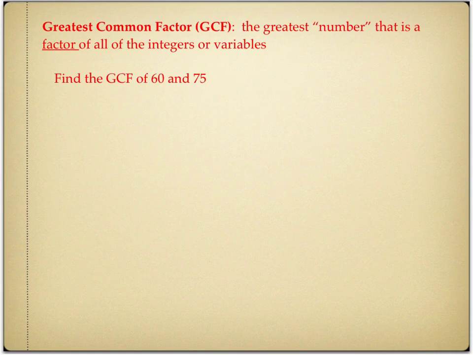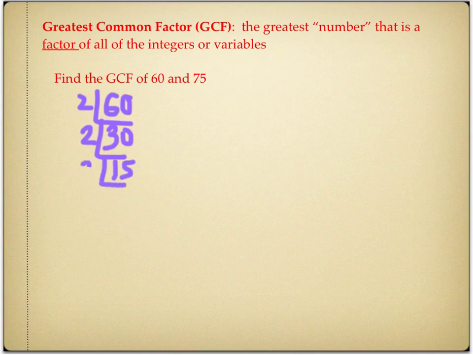Here's an example, finding the greatest common factor of 60 and 75. Well, first of all, I am going to do my factor stairs here for each of these numbers. So I can divide 60 by 2, I can divide 30 by 2, I can divide 15 by 3, like that.